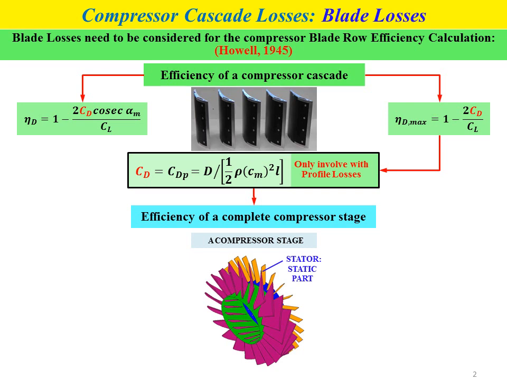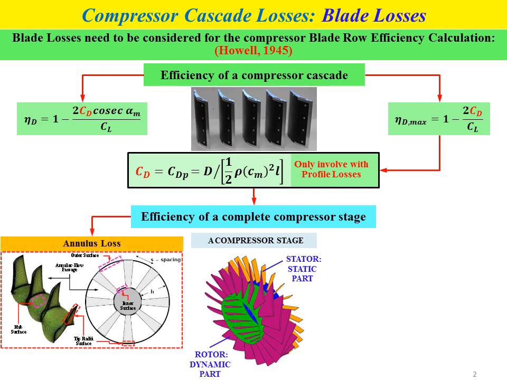The first part is referred to as the stator, the static part, and the second part is referred to as the rotor, which is the dynamic part. Howell considers the efficiency of the compressor stage by considering other types of blade losses, such as annulus loss, where we can determine the annulus loss by using this formula, CDA equal to 0.02 S over H. S is the blade pitch or spacing distance, and H refers to the blade length or blade height.